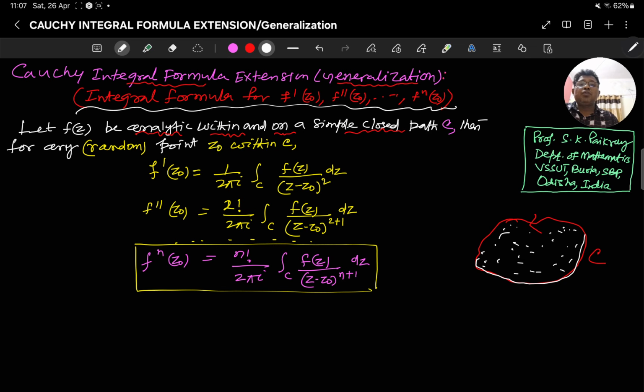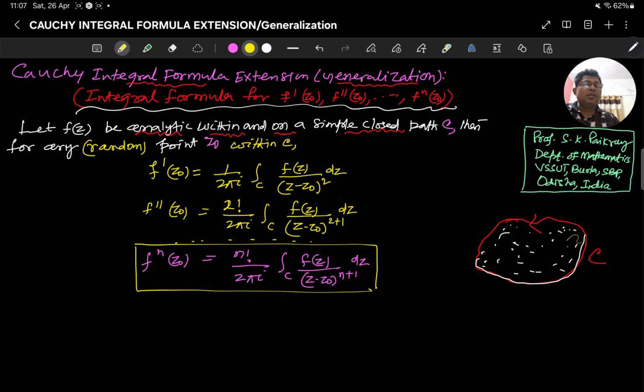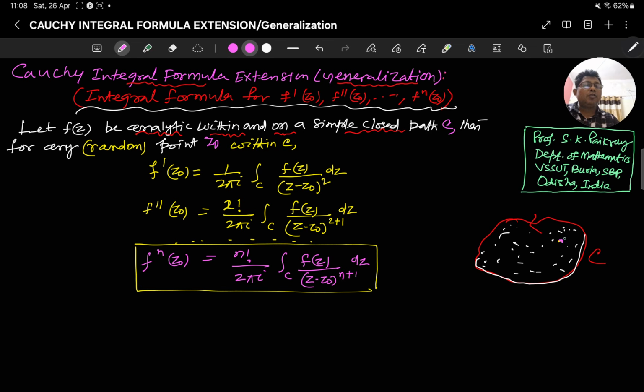Let z0 be a random point within C. Let this point here be z0.